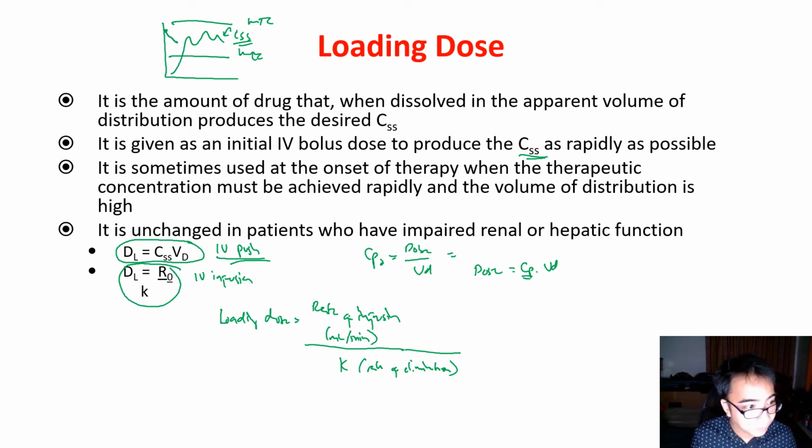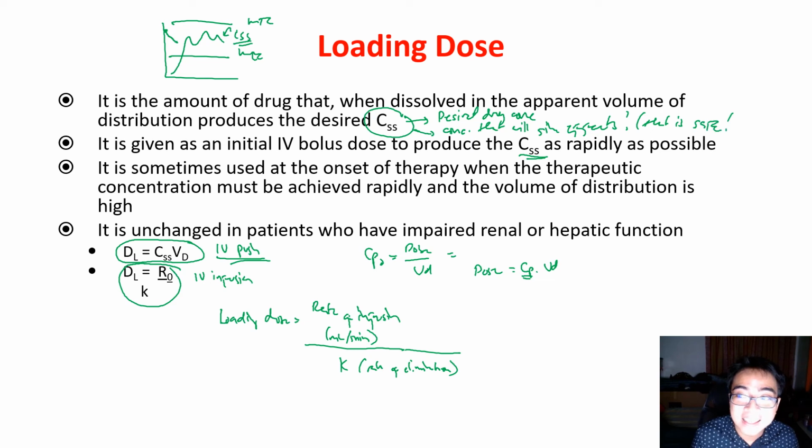Okay? Are we clear? So ito, CPSS, usually is the desired drug concentration, concentration that will give effects. That is safe. Okay, that is safe.